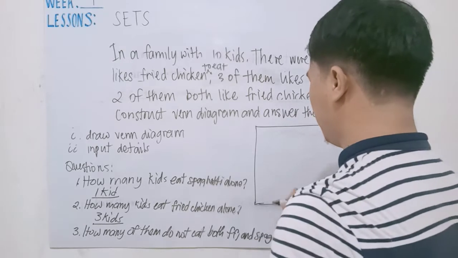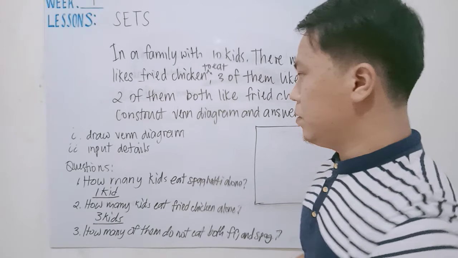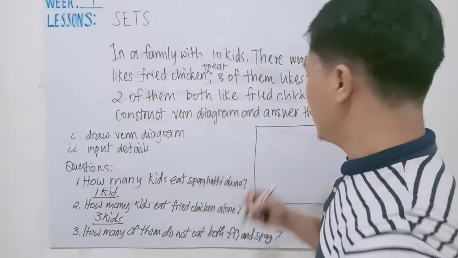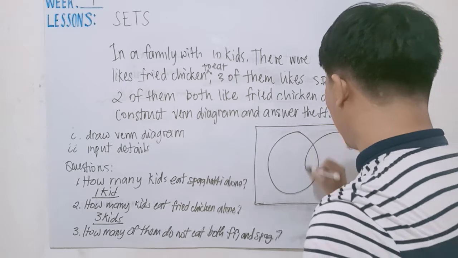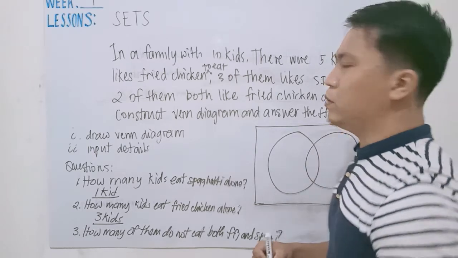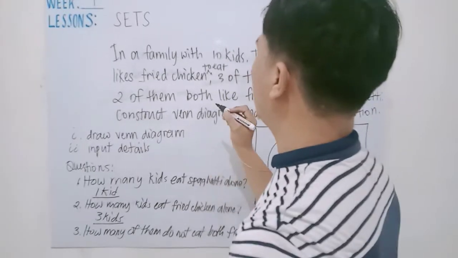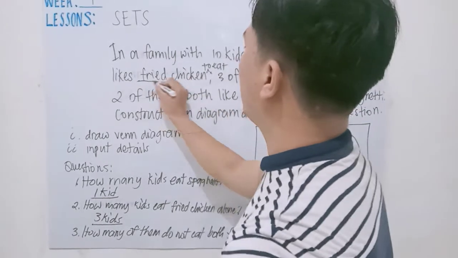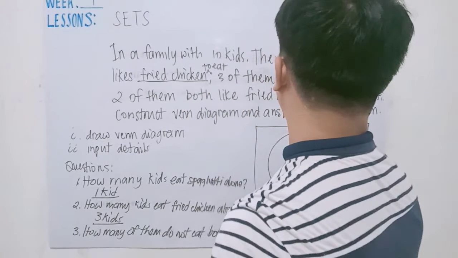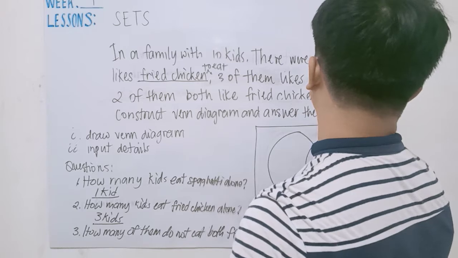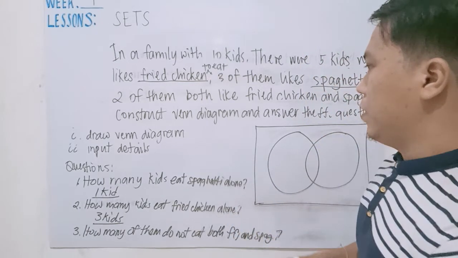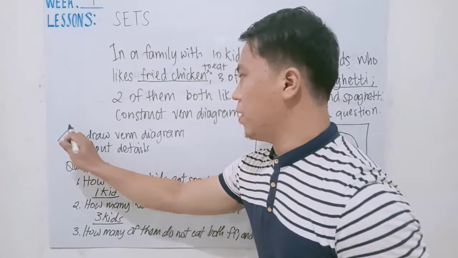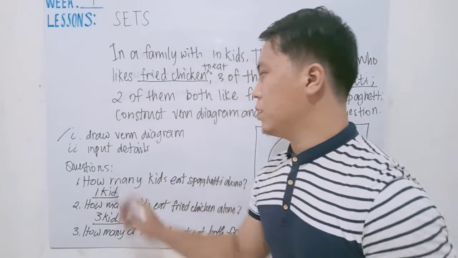So here, we're going to draw two circles. Why two circles? Because there were two subjects, the fried chicken and the spaghetti. Now we satisfy the first step.